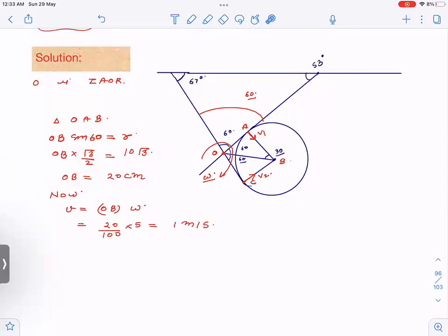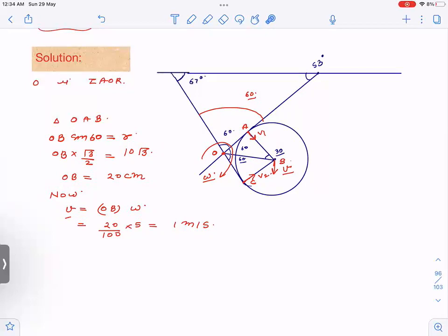Then since this is the instantaneous axis of rotation, each and every point of the body is doing pure rotation about this axis, V equals R omega, right? What is R? This is R, and the V I am calculating is this. So this is R into omega, giving 1 meter per second. That's it. If we understand the instantaneous axis of rotation, this becomes easy.